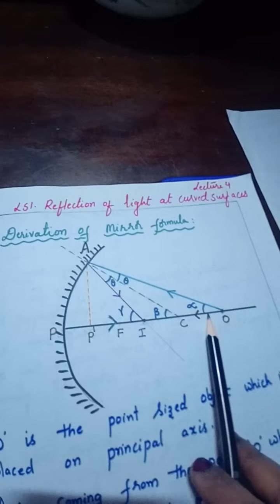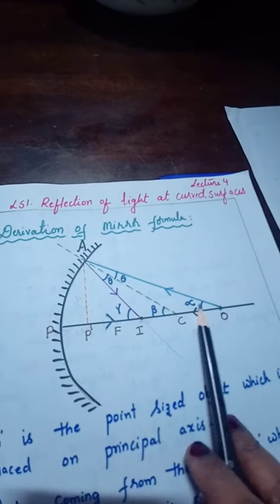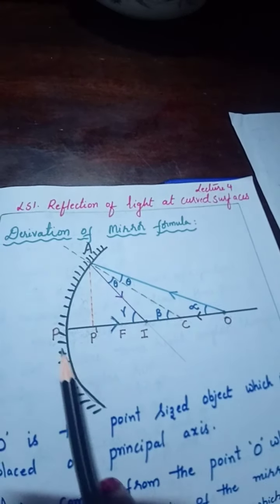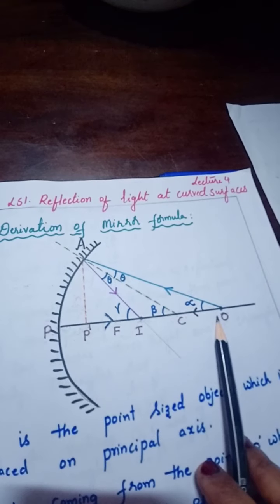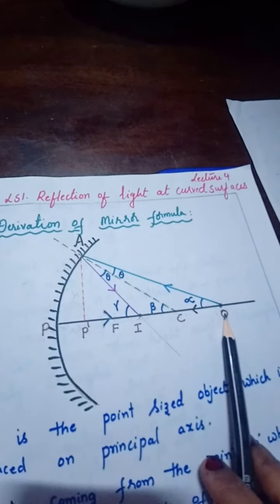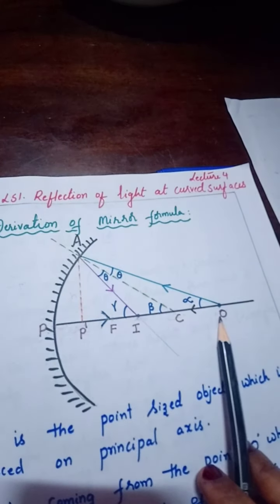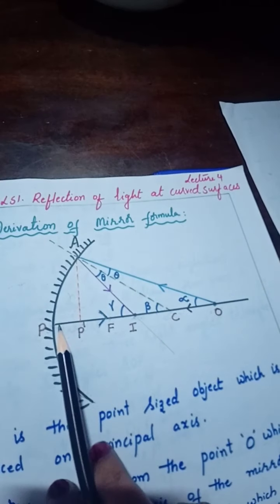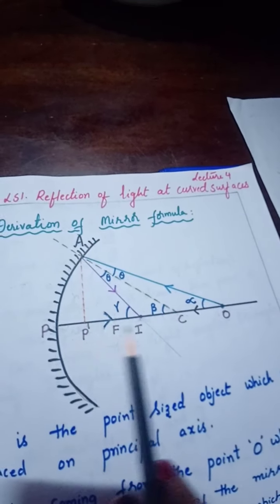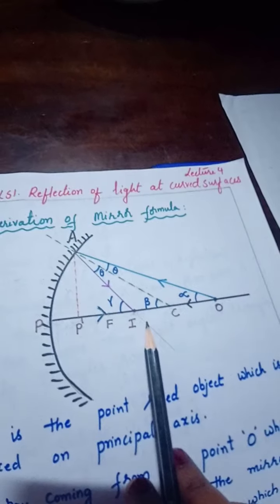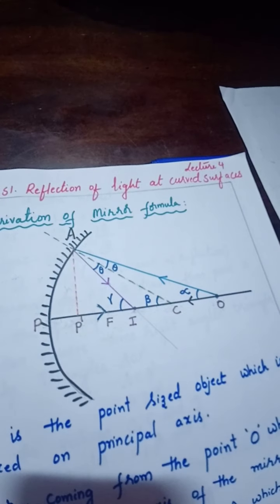So PC is nothing but R. What is the distance between P and O? The distance between pole and object is the object distance, denoted by U. And what is PI? Distance between pole and image, that is image distance, denoted with the letter V.